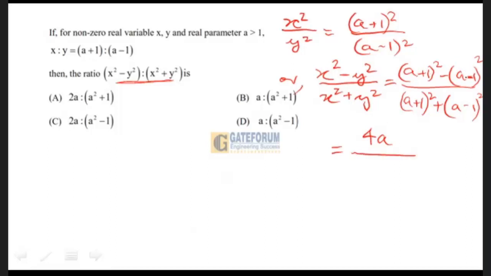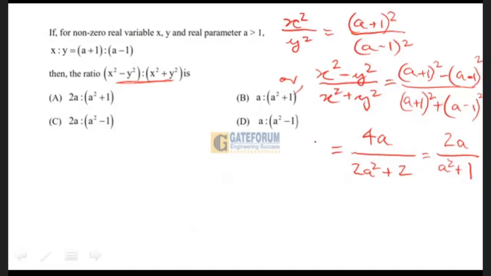I mean, after becoming squares, they will become 1 square, which is 1, and they will cancel because of this minus sign. And here, the 2a ones will get cancelled, and this will become 2a square plus 2. And we can take the 2 common and write it as 2a by a square plus 1.